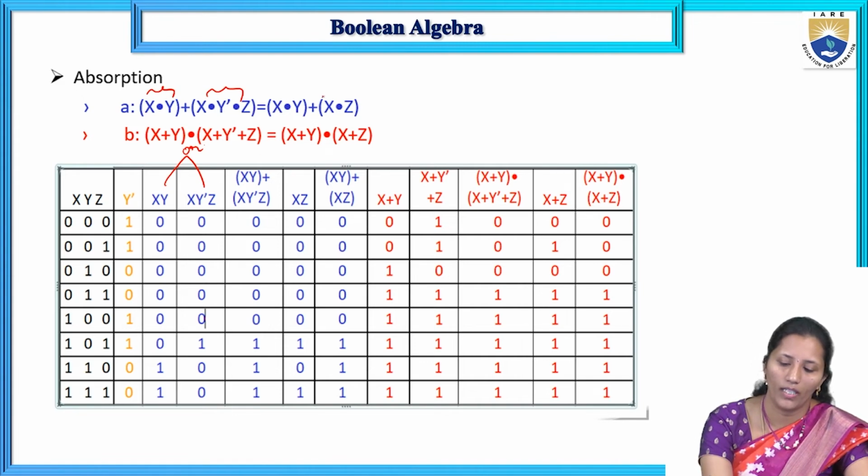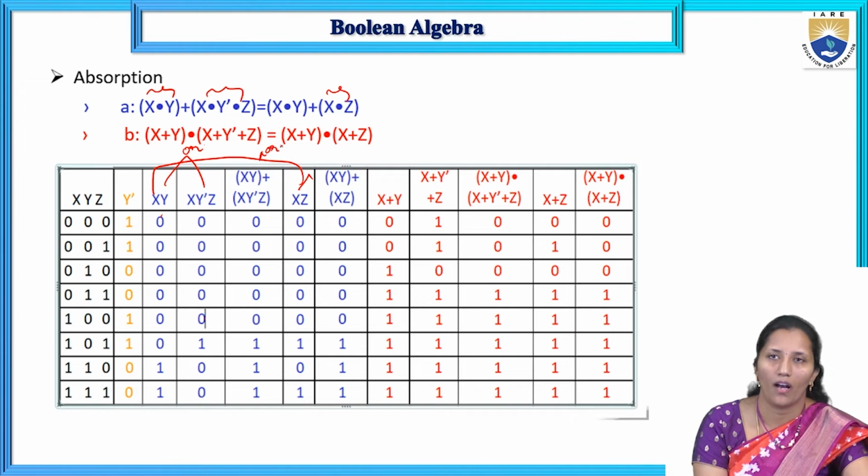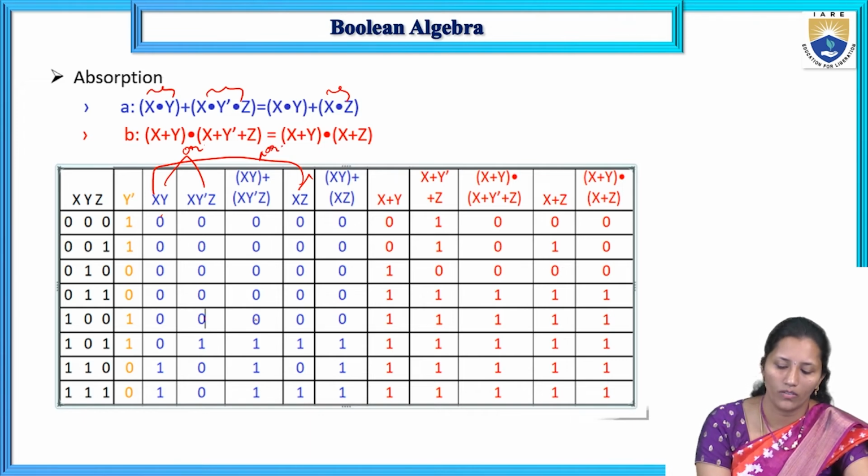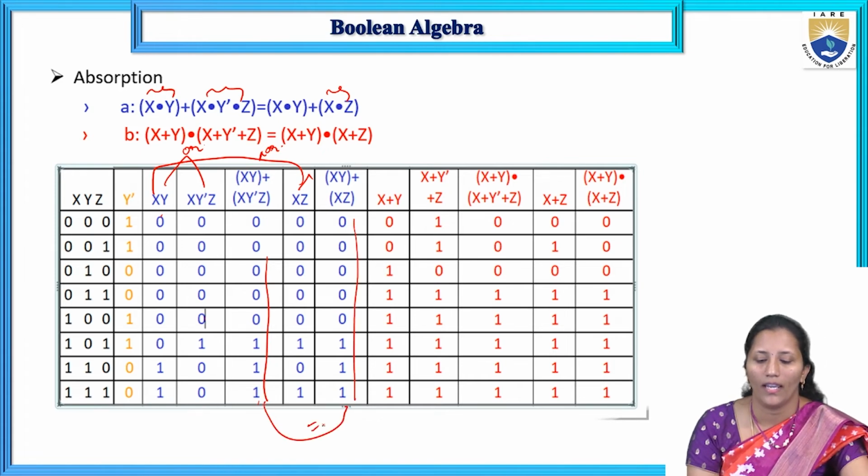And to prove x y plus x z, perform xz operation, and we have already the xy operation. So these two will be ORed. If both these two are equal, 0, 0, 1, so both these are equal. So xy plus xy bar z is equal to xy plus xz.